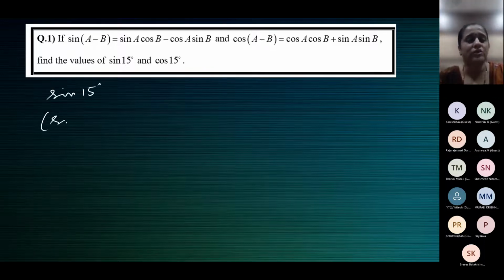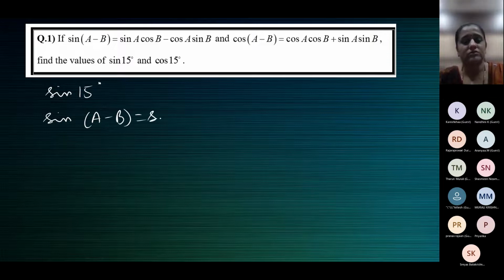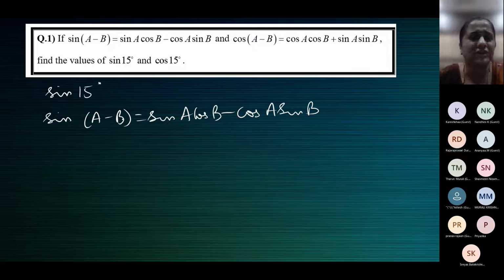Using the formula sine of A minus B is equal to sine A cos B minus cos A sine B. But this is A minus B, and we need sine 15 degrees. So you need to assign some angles to A and B so that you get 15 degrees.